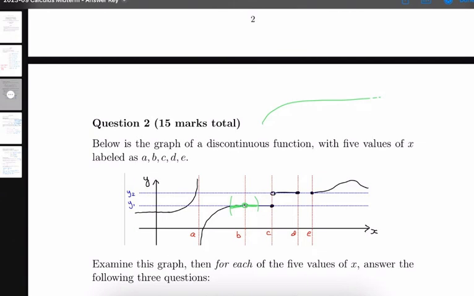So the vertical line test is if you take a vertical line, like one of these, and move it along, you should only cross the function in one place. Think about it: if my vertical line crosses the function in two places, what does that mean?